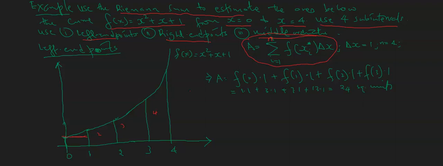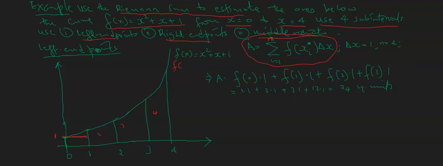Remember, in a previous video when we were introducing the Riemann sum, we said the x star should be any point in this interval. It can be the extreme left endpoint or the extreme right endpoint. So the left endpoint is at x equals 0, so f of 0 will be 1.